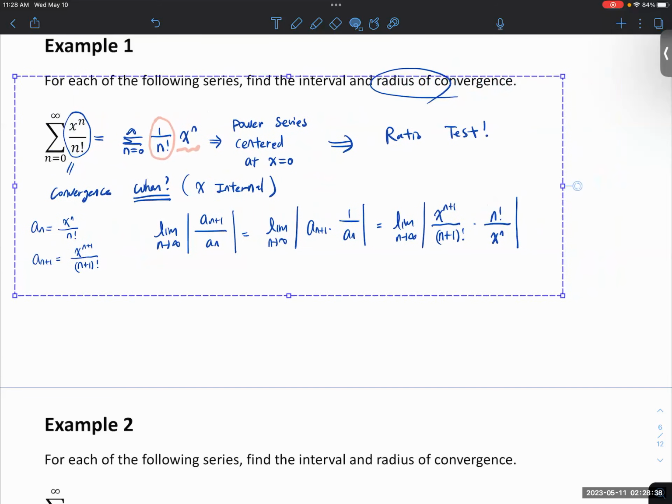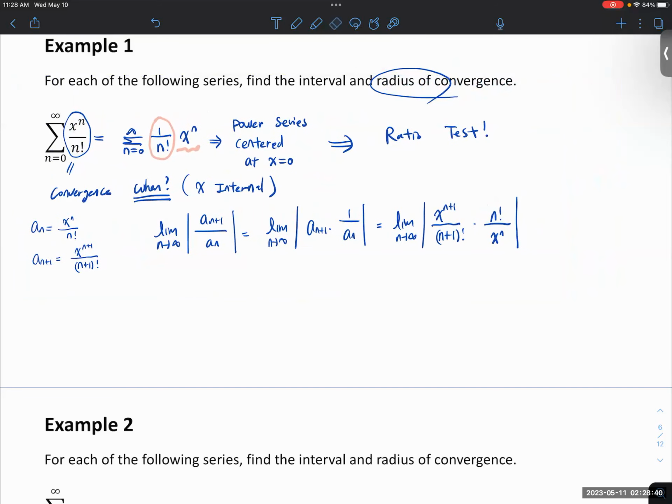Let's take a look at it. It means x to the n times x over this part, n plus 1 factorial. Do you remember? N plus 1 factorial means n plus 1 times n times n minus 1, all the way down, and after n plus 1, that's n factorial.